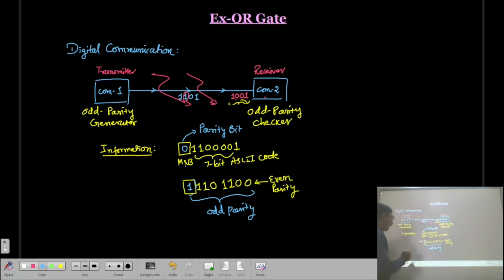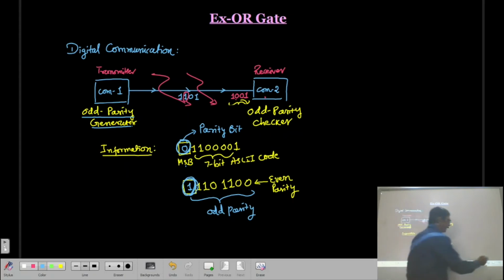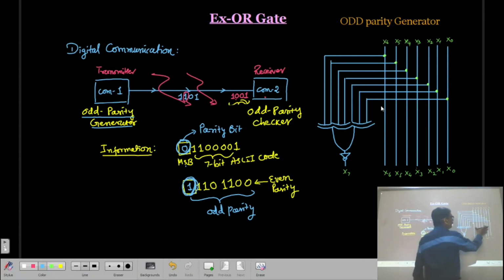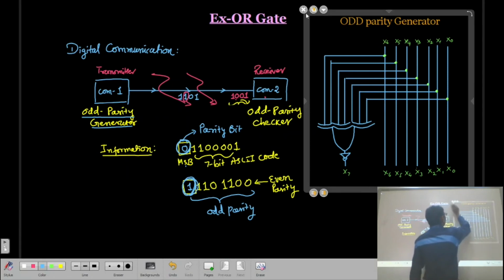Now, how to place this parity bit, either 0 or 1? For that I already mentioned that we require a circuit which is known as an odd parity generator. So let us see the circuit diagram. Here you can see that my information is with the 7 bits x0, x1, x2, x3.